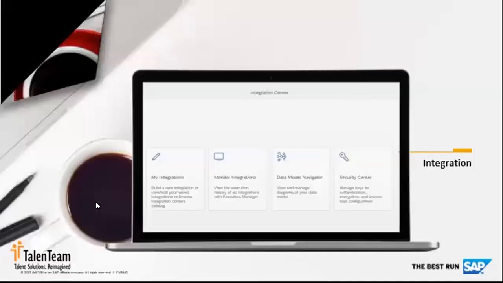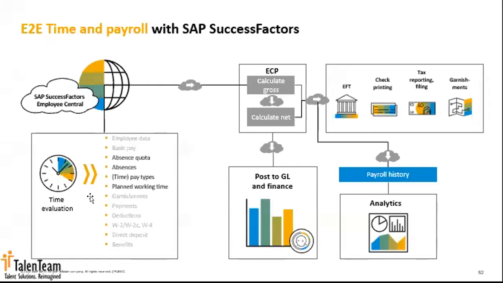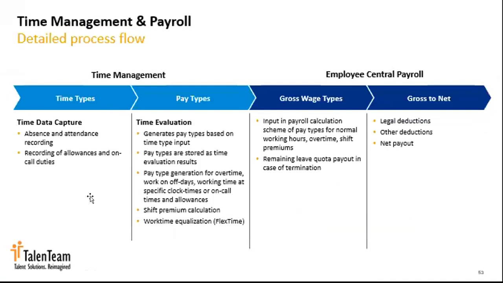When it comes to integration, SuccessFactors time tracking is very flexible in integrating all the data. We have standard replications with third-party systems and the Employee Central Payroll system as well. We have predefined interfaces that integrate directly to SAP Employee Central Payroll or the SAP ERP payroll system.